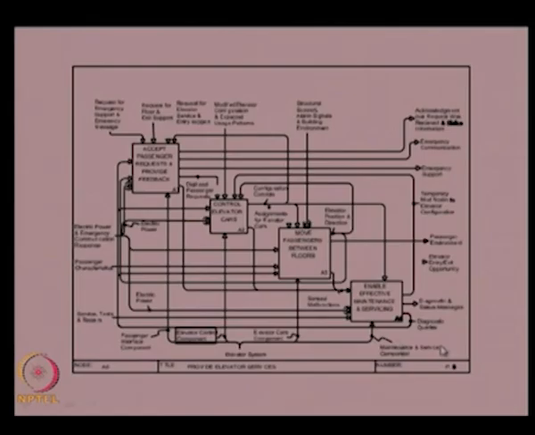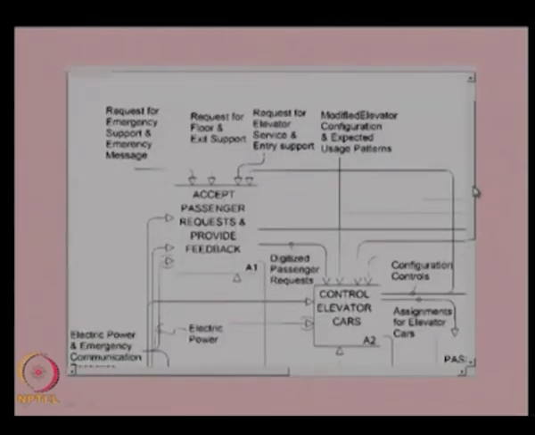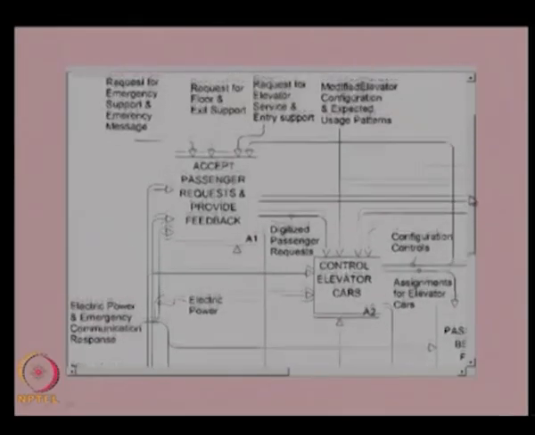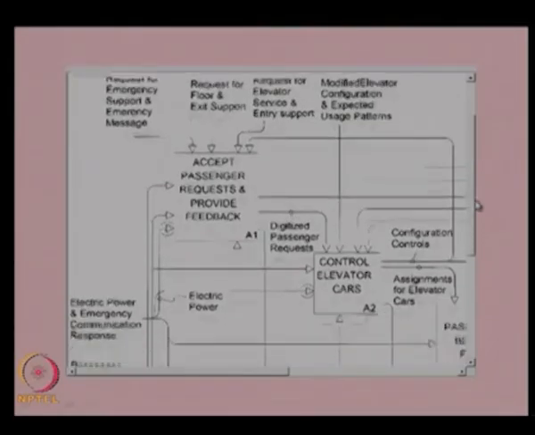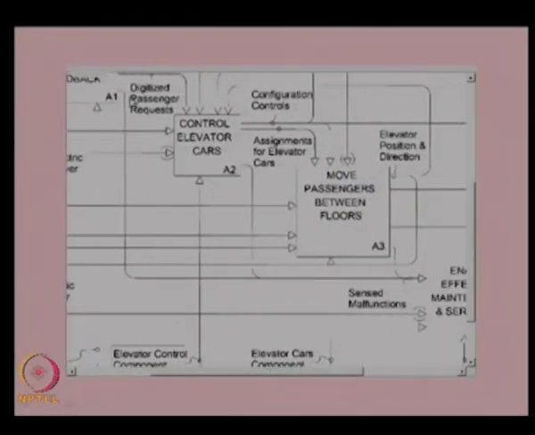To go into the details, as you can see here, this is basically the decomposition A1, A2, A3, A4. Basically we are taking the A0 function and dividing it into A1, A2, A3 and A4 as shown here.